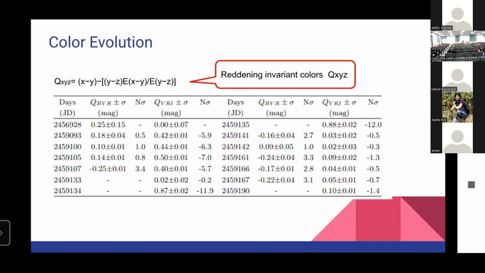As you can see from our monitoring, in the QVRI plots, the significance is more than 5 sigma, and we can clearly say that this present brightening, from photometric analysis, is due to the variation in accretion rate of the source.